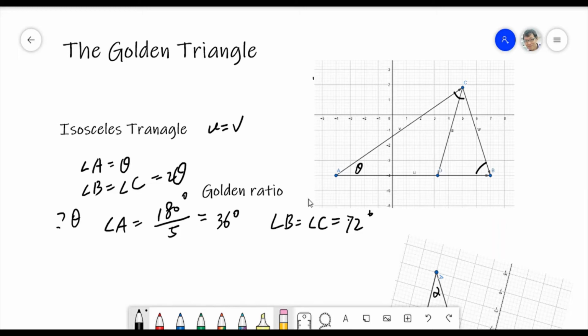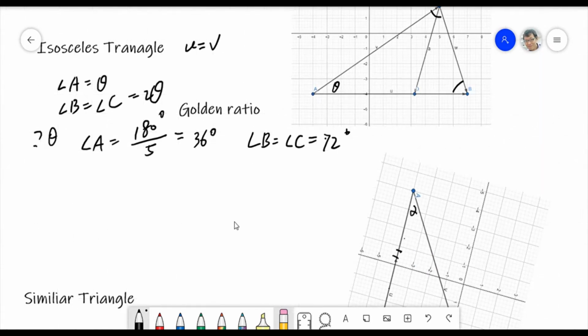They have special characteristics: the division of their sides. The side divided by its base, like U, which is one side, divided by the base W. The side divided by the base equals 1 plus square root of 5, divided by 2. It's always like this. You will ask me why it is like this.